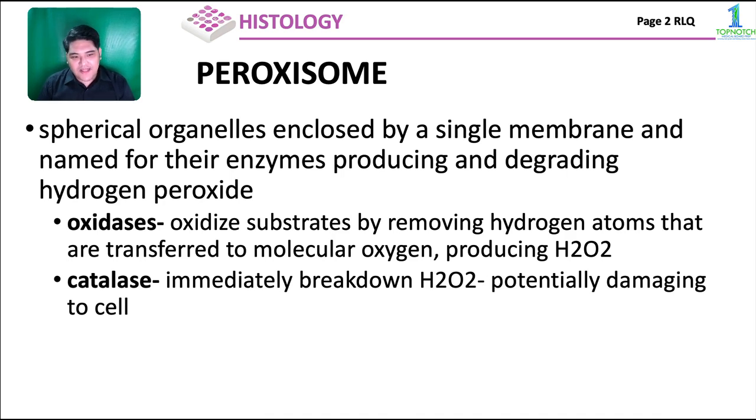And then you have your catalase, which breaks down or destroys your hydrogen peroxide, which is a potential threat to the cell kasi nga nakakadamage siya. So meron namang yin and yang dito sa ating peroxisome. One that produces and one that controls, your oxidases and catalase.